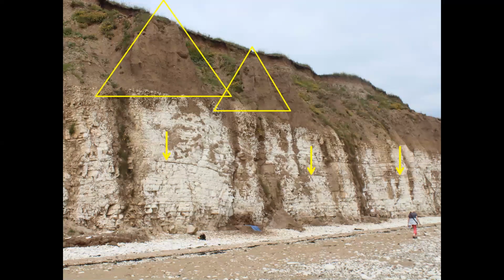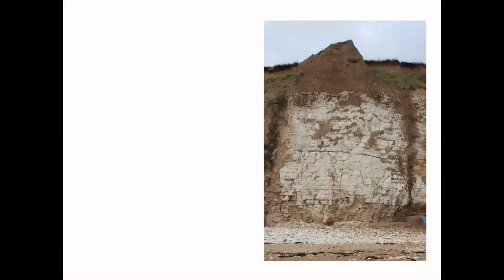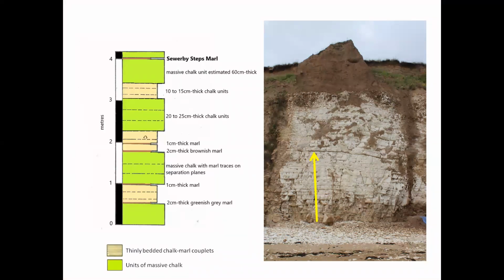Below the most westerly of these pyramids, the lower part of the cliff up to the prominent marl seam, the Sewerby Steps Marl, is a convenient place to log the section. Together with the 4 metres or so of chalk above the Sewerby Steps Marl, these are the highest beds of the chalk group seen on the Yorkshire coast.